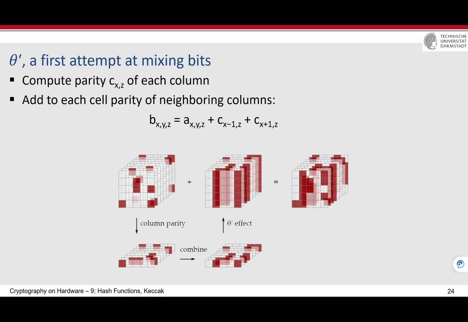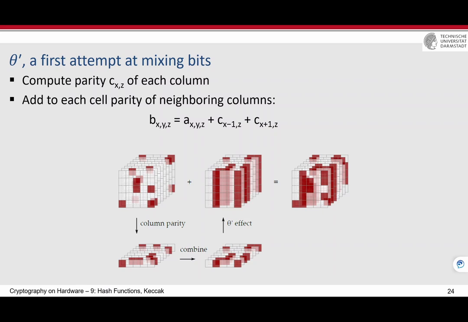And then this is a story about the design of Keccak. This is the theta prime function. Why not theta? Because it was changed later to theta. Theta prime was the first attempt at mixing the bits, because you have the chi function, which you can also call an S-box, because it's a bijection.